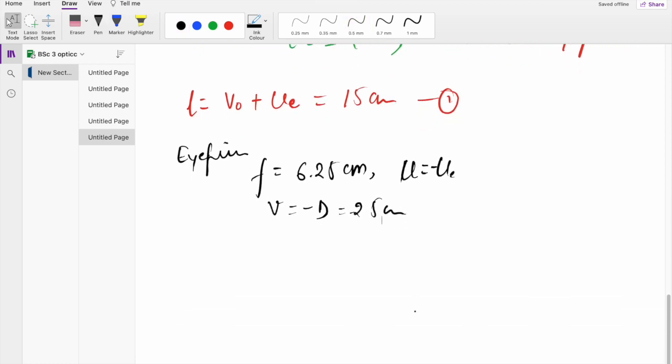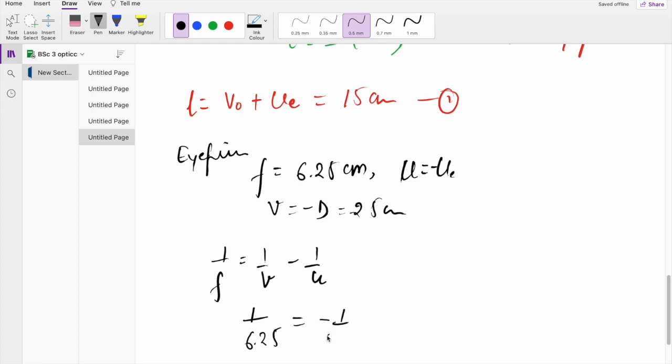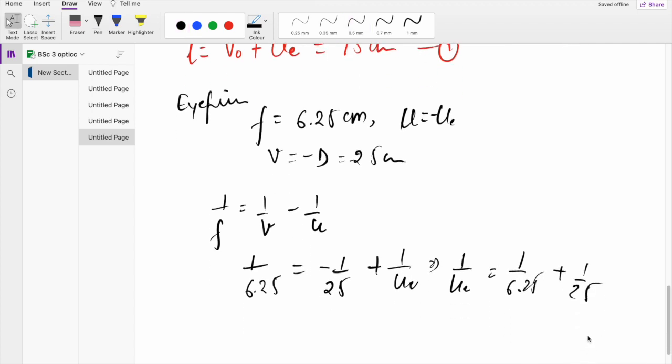From the lens formula, we know 1 upon f is 1 upon v minus 1 upon u. On substituting the values, 1 upon 6.25 equals 1 upon negative 25 centimeter minus u, where u is negative, giving positive 1 upon ue. To calculate 1 upon ue, this is 1 upon 6.25 plus 1 upon 25, which becomes 100 upon 625 plus 125.